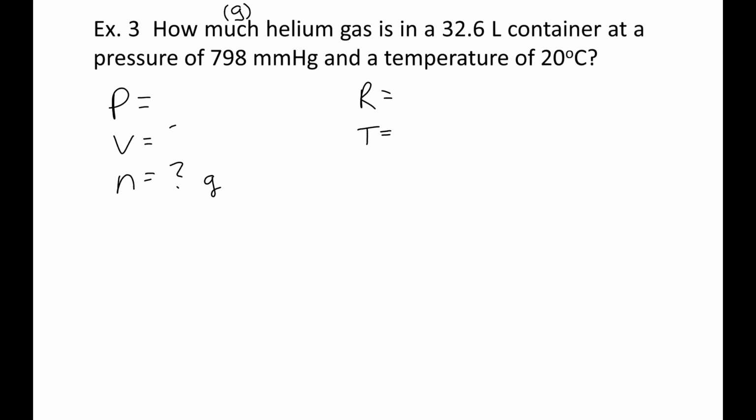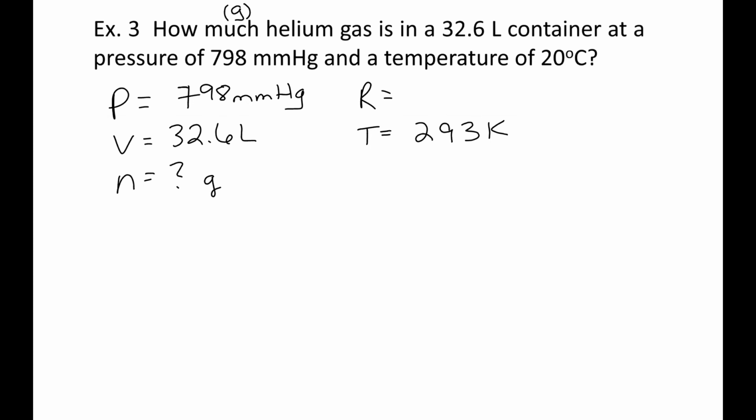So how much helium gas in a 32.6 liter container at a pressure of 798 millimeters of mercury at a temperature of 20 degrees Celsius, which is 293 K.